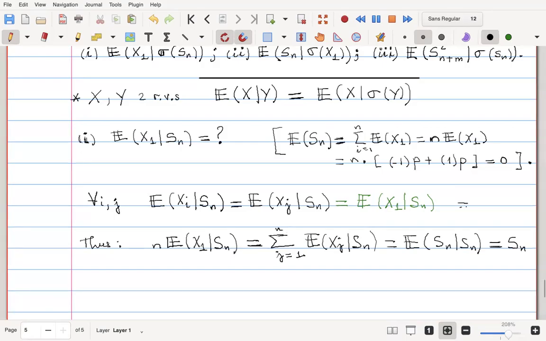So if I call that constant, for instance, c, what we will get is that if I sum, I will have nc. That is to find the value of c.